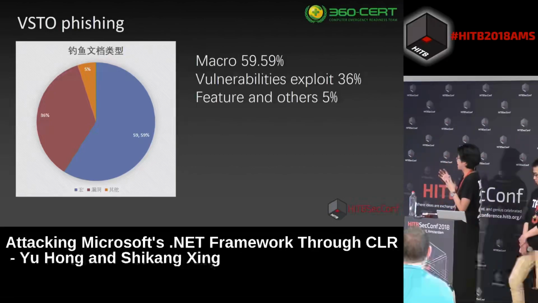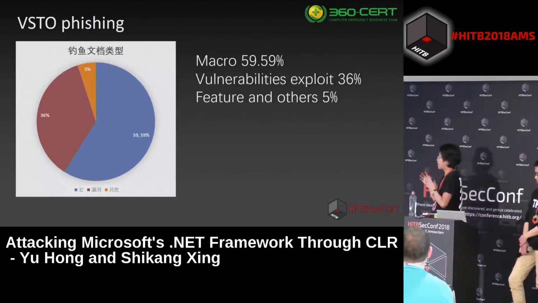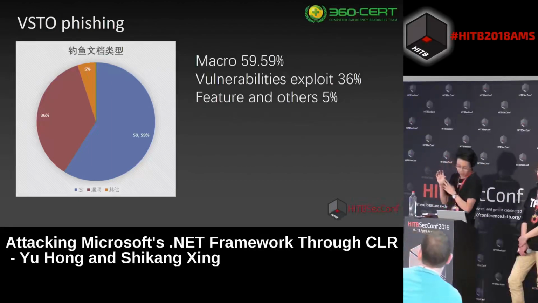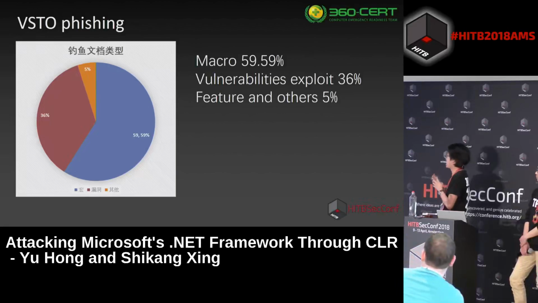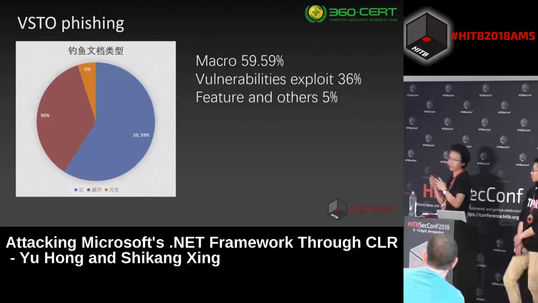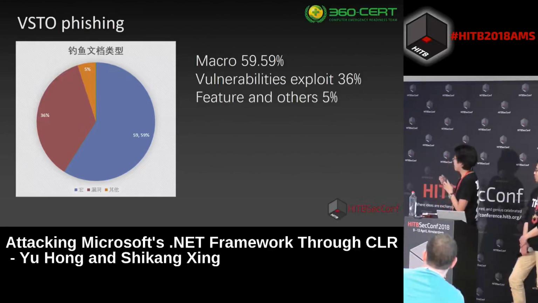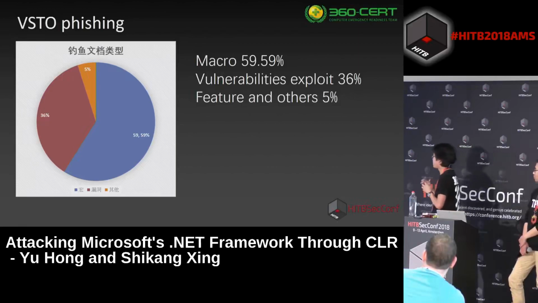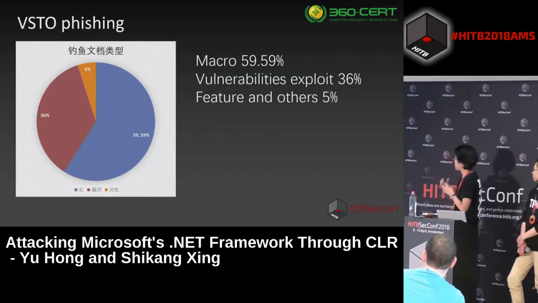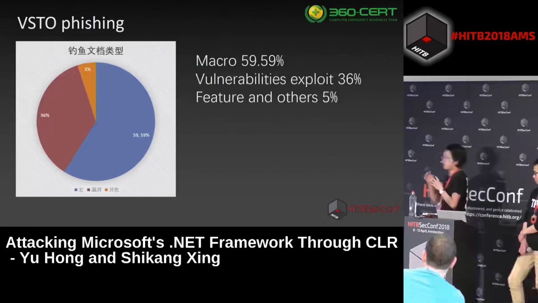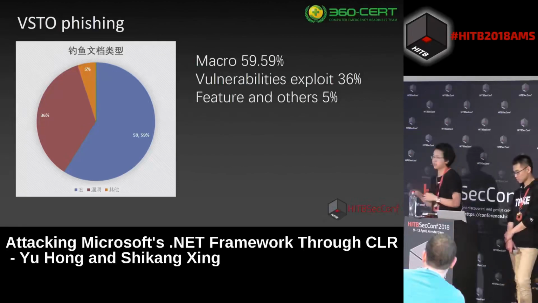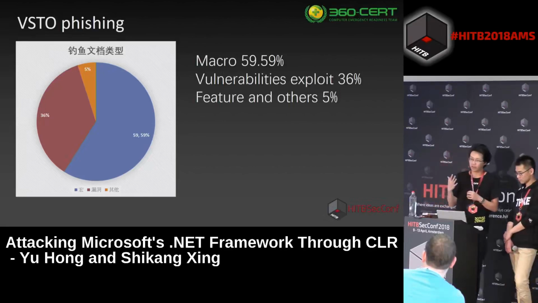The result is that in the documentation phishing, macros are nearby 60%, vulnerability exploits nearby 36%, and use of some features and others nearby 5%.